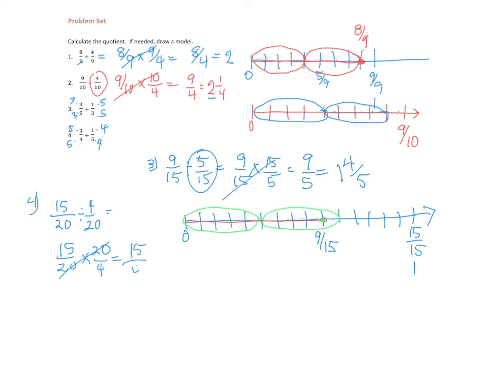I get 15 over 4, which I know, this is where your math facts come in handy, 4 times 3 is 12, 13, 14, 15. So 3 3/4 is what I'm going to end up drawing.